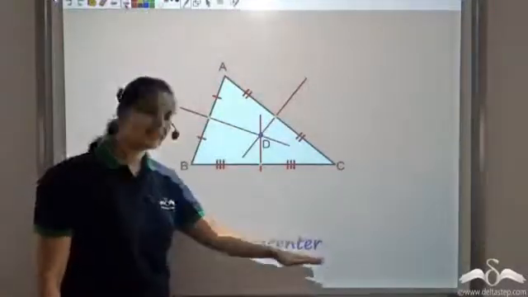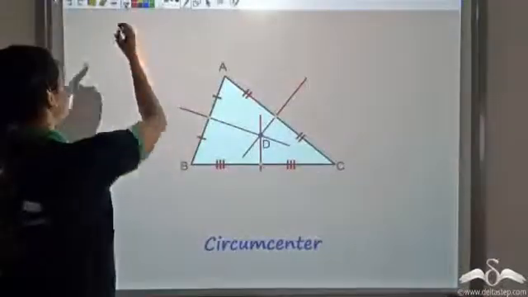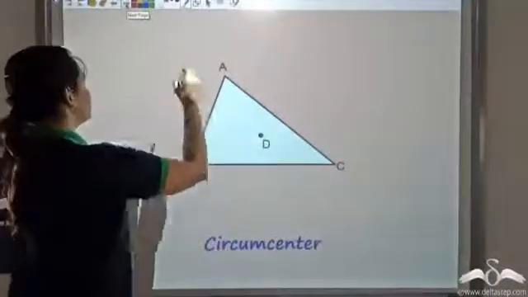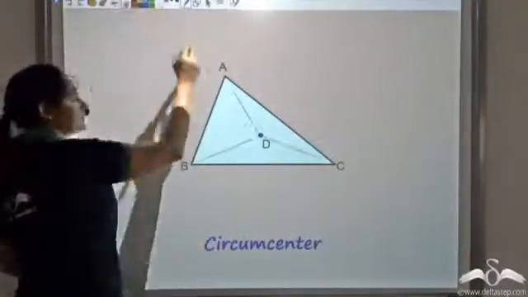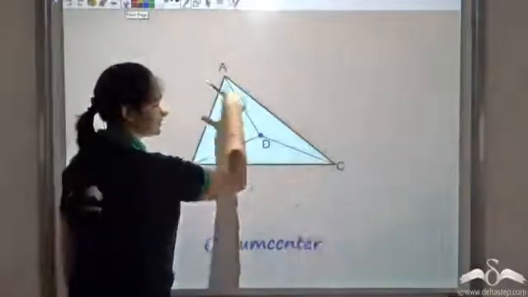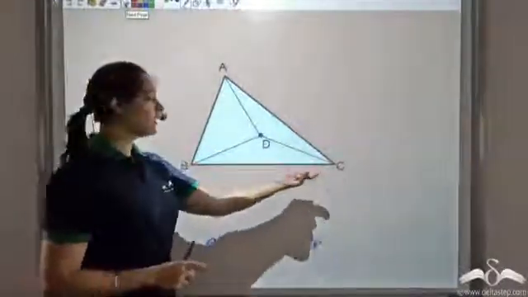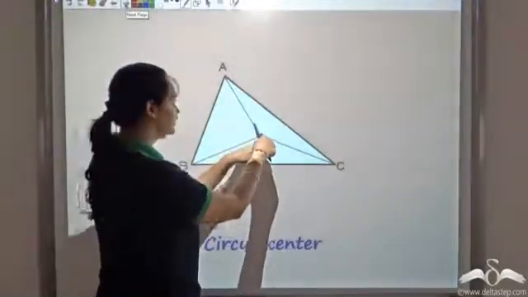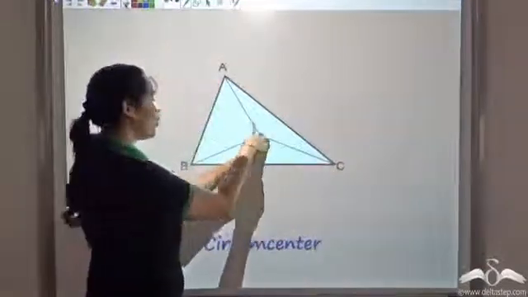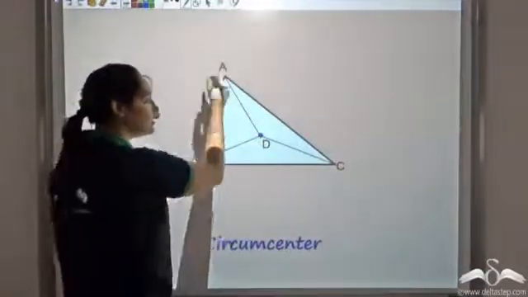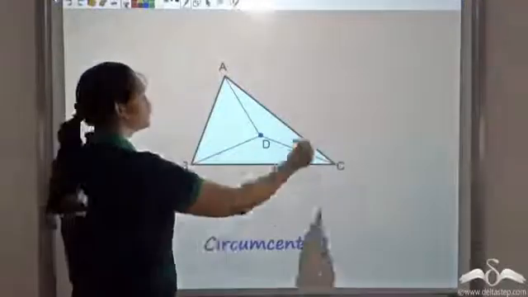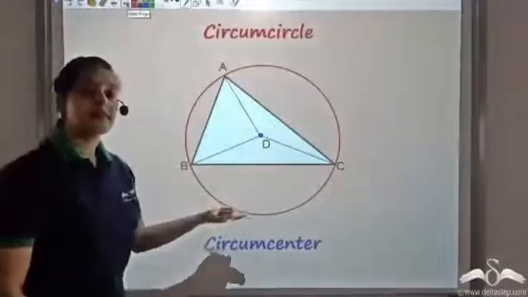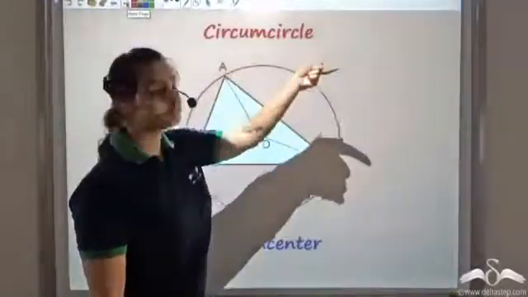Now why is it called the circumcenter? Let's see. We know that this point D is the circumcenter. In fact, this point D is such that it is equal from all the 3 vertices A, B and C. Now with point D as the center, and AD, DC or BD as the radius, I can actually draw a circle around this triangle, and this circle is called the circumcircle.